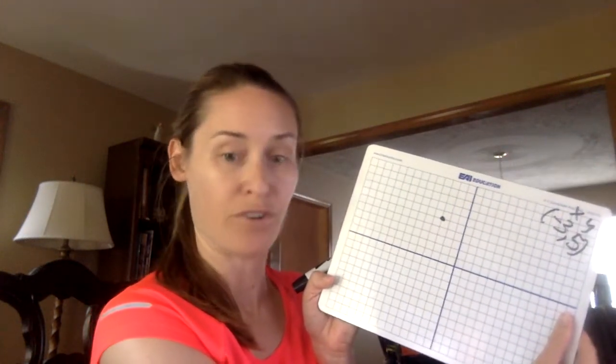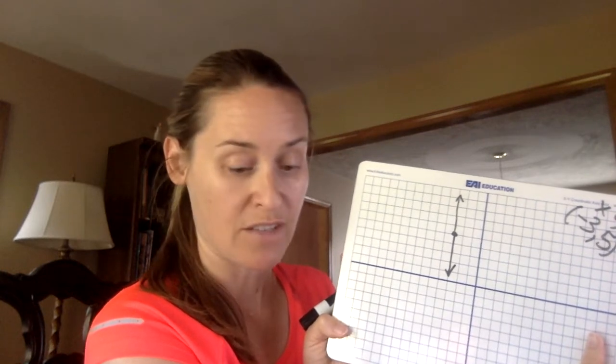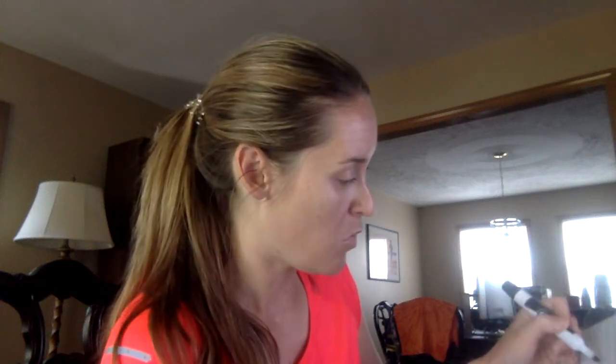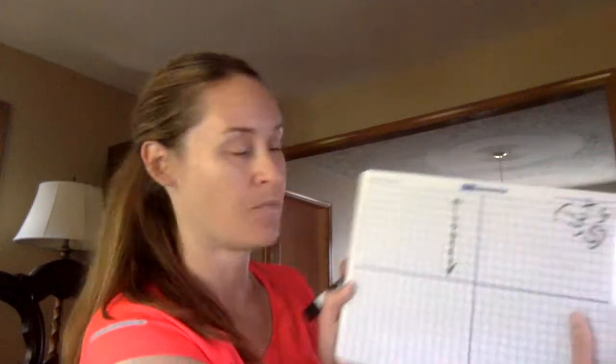It says there's a vertical line passing through it. So I know vertical means it's going to go up and down. It's going to look something like this. So I have to decide, is it going to be x equals or y equals? Right now, I'm going to extend this point out.